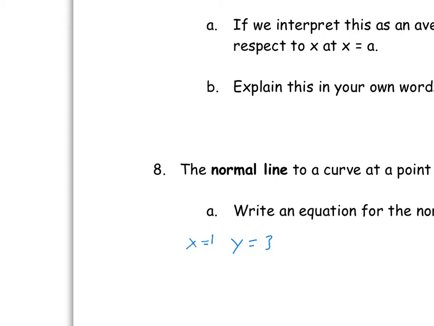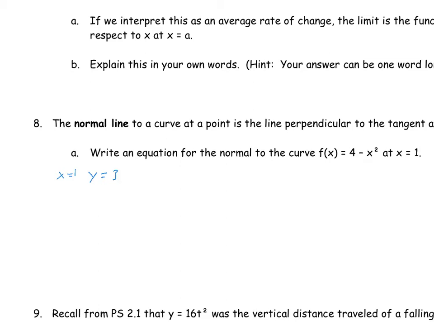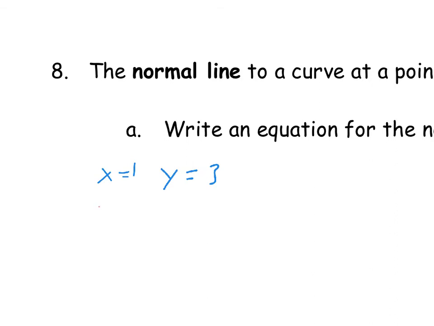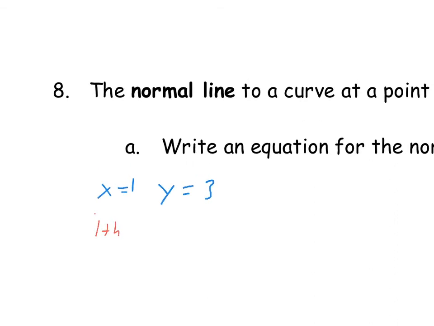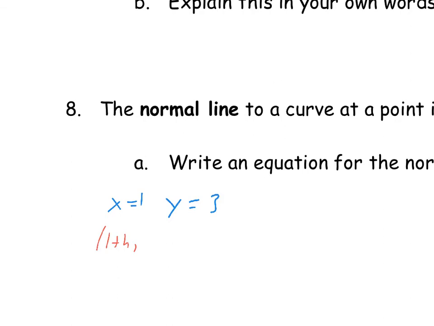And then our coordinates here, at x equals 1, so we have (1, 3), and then we have 1 plus h for our x2, and then f of 1 plus h, which is 4 minus (1 plus h) squared.